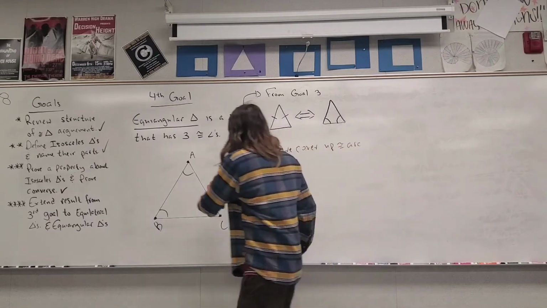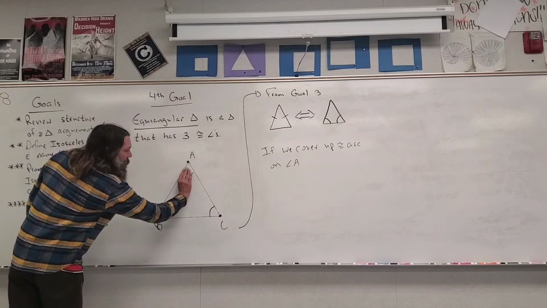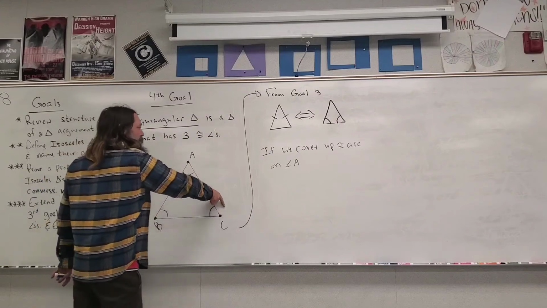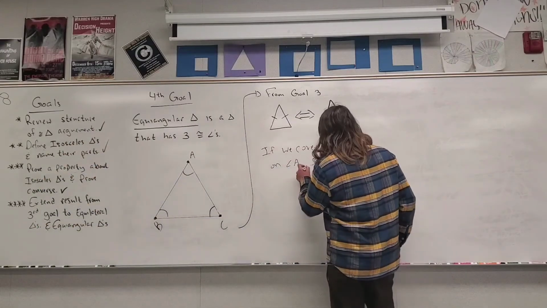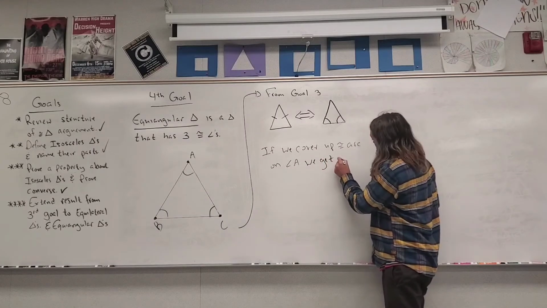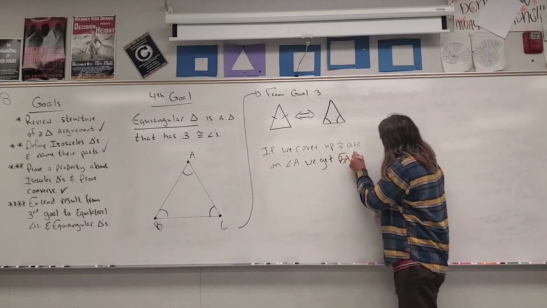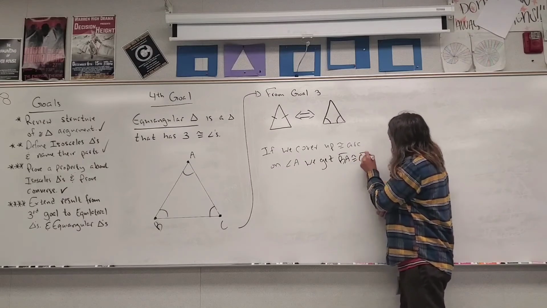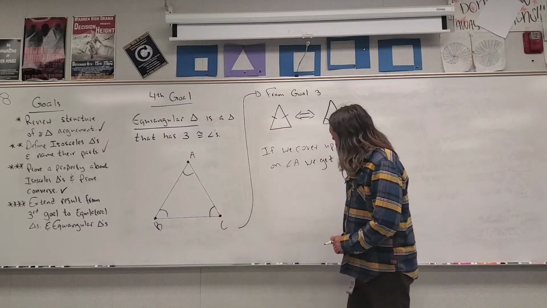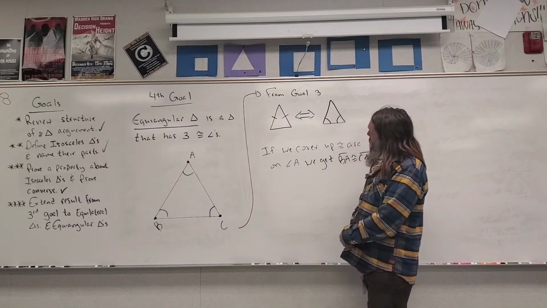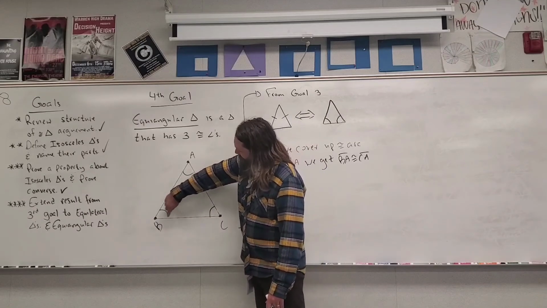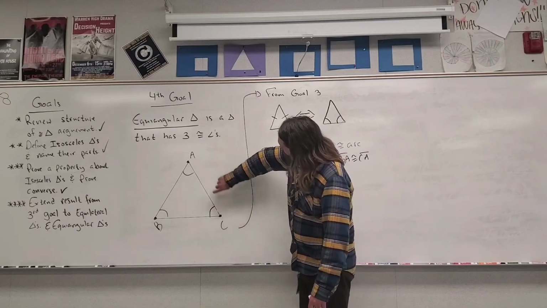So if I cover this guy up, then I have exactly this, which means I get that, and side BA is congruent to side CA. Now, if we cover up the congruent arc on angle C, again, I'm going to have 2 congruent angles, which means that the length from B to C is the same as the length from C to A.